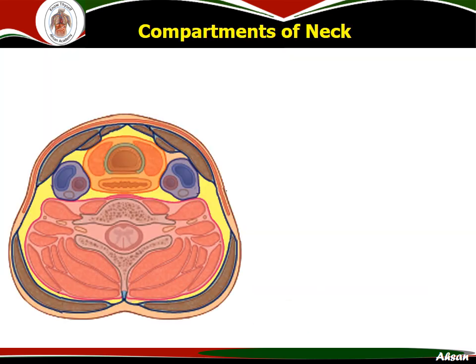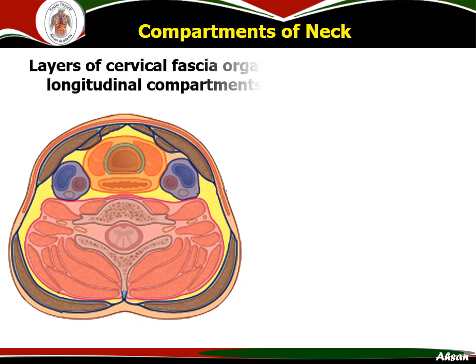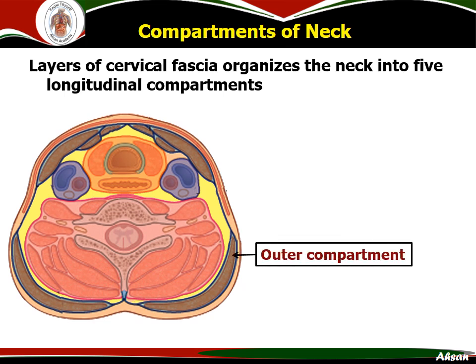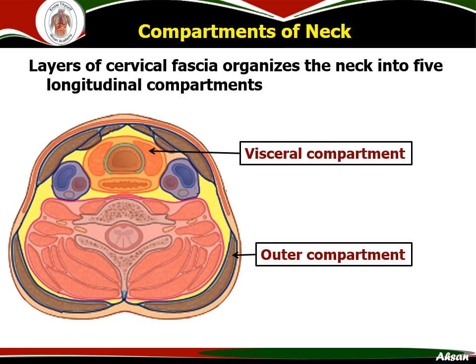The deep fascia divides the neck into several compartments. You see this divides the neck cylindrically. Going from the outer part, this is the outer compartment, which encloses the muscles. Then there is the visceral compartment, which contains the viscera, meaning the trachea, esophagus and the thyroid gland.